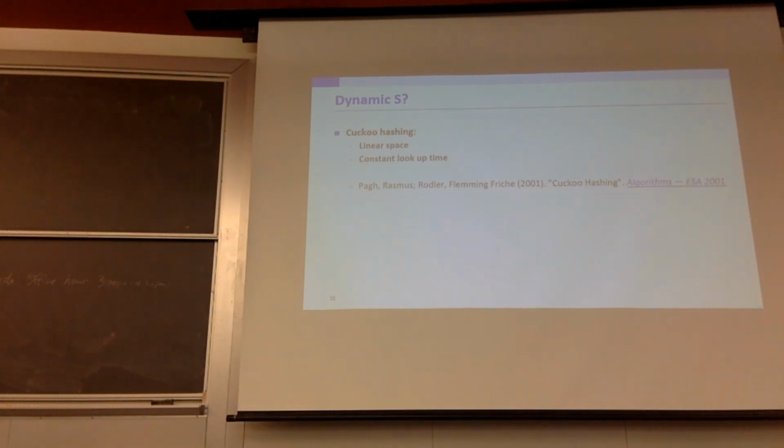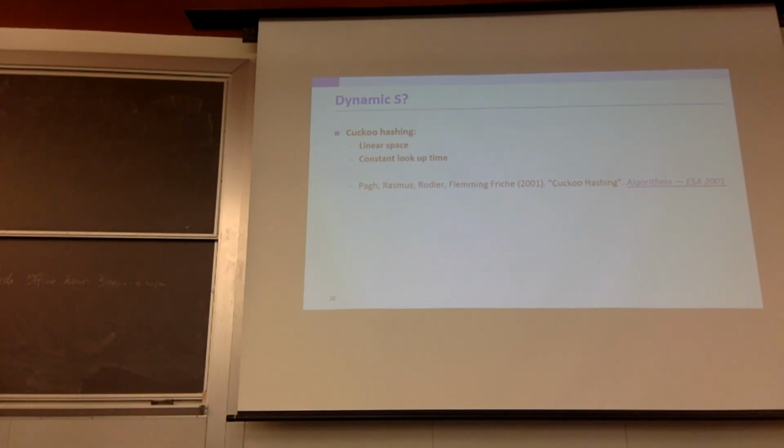So somebody in the early 2000s proposed this cuckoo hashing algorithm. It got its name from the cuckoo bird. I think the baby cuckoos push other chicks out of the nest to get space. The same thing happens here.